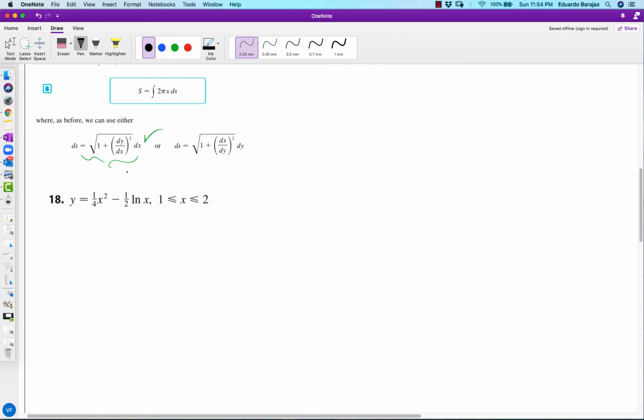Okay, so let's create this. I need to find the derivative with respect to x. So dy dx is equal to the derivative with respect to x of 1/4 x squared minus 1/2 ln x. Zoom into here a little bit.